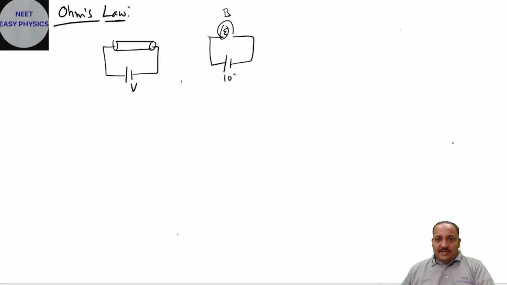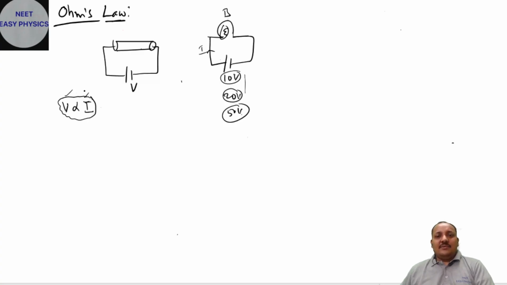If you supply 10 volts, 20 volts, or 50 volts, for which voltage will the bulb get more current? If you increase the voltage, the amount of current passing through the bulb also increases. That is what Ohm said, and therefore we call this Ohm's law.